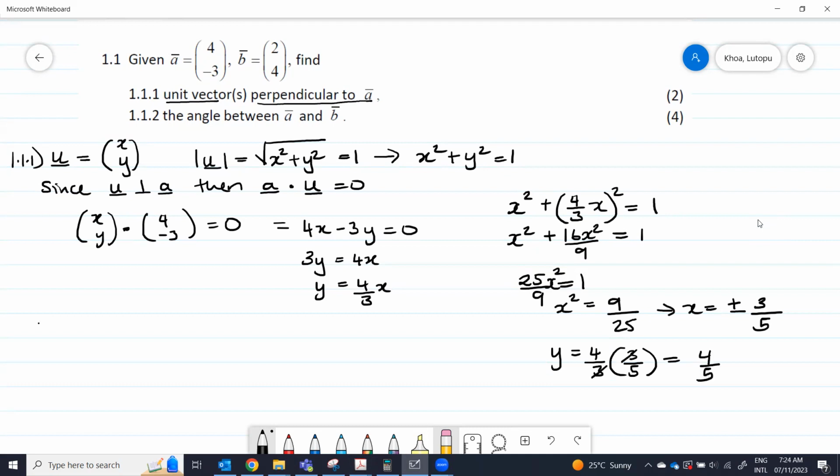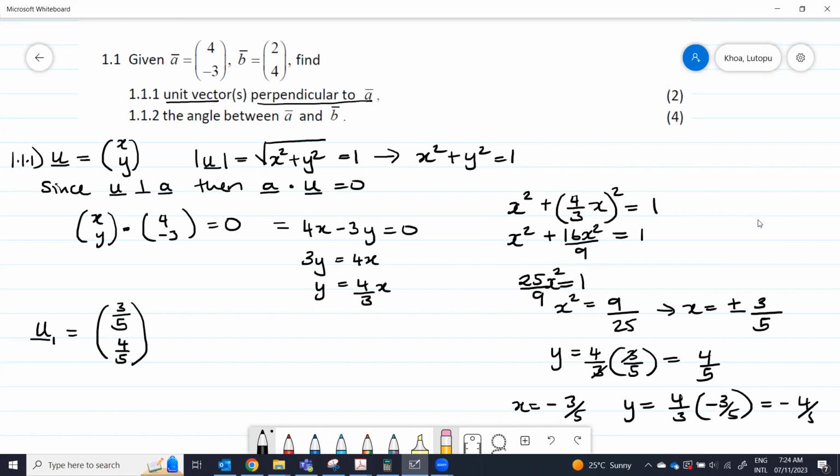So our first unit vector, U1, will be 3 over 5, 4 over 5. And then the second one is when x is equal to minus 3 over 5, y is equal to 4 over 3 times minus 3 over 5, which is negative 4 over 5.